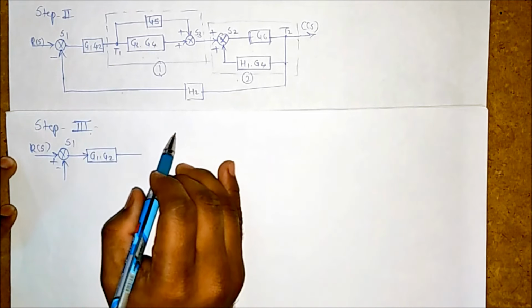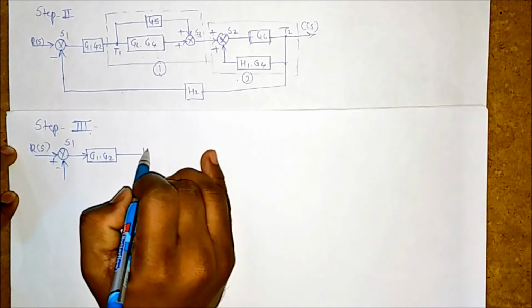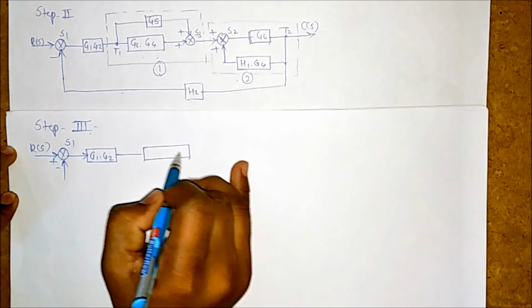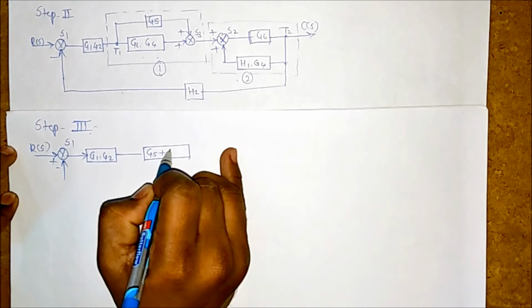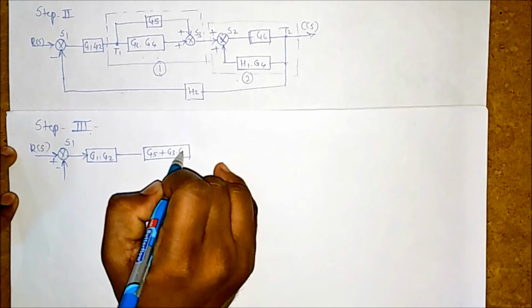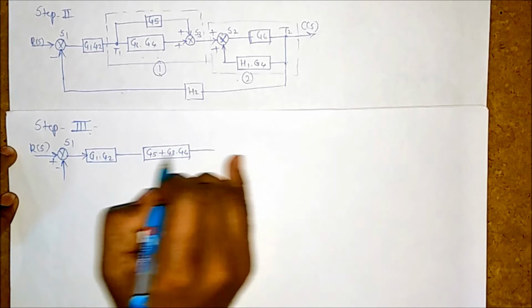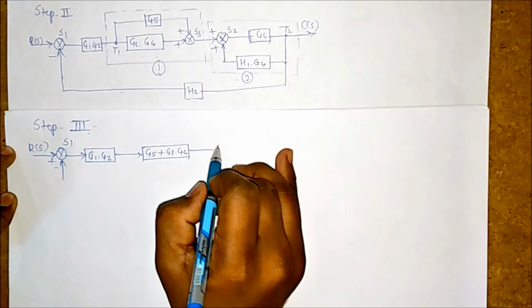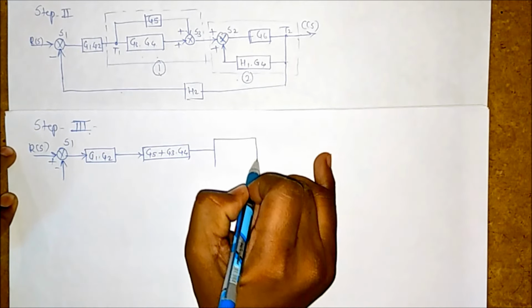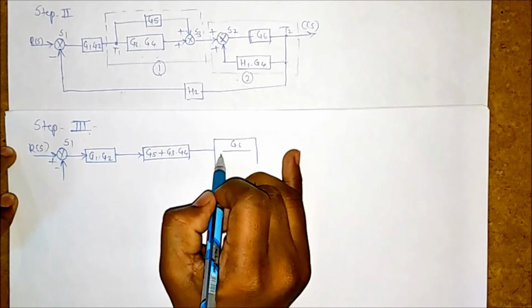These two blocks are parallel to each other, so you have to add the gains of those blocks, that is G5 plus G3 into G4. Now here you have to apply the feedback loop, that is G6 upon 1.